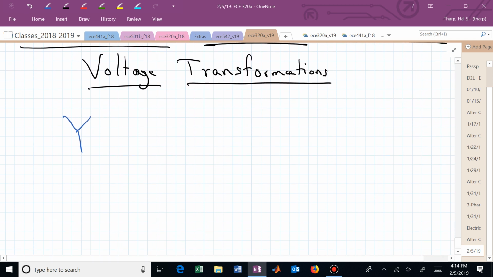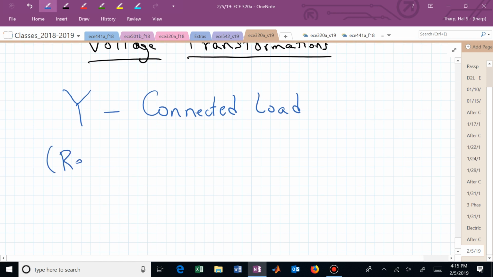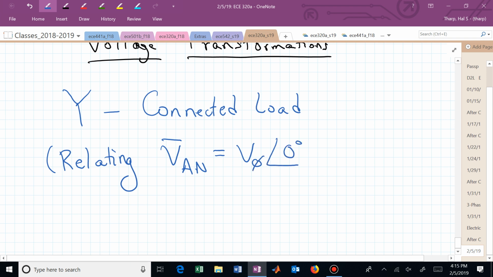Now, let's figure out how we convert between a phase voltage and a line voltage in a Y-connected load. We're now relating V sub AN. Let's make this a magnitude of V sub phi, and we'll call this our reference phasor, so we'll tag it to be at 0 degrees phase.